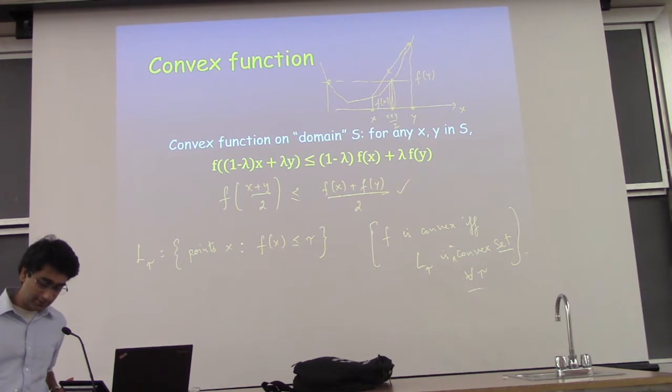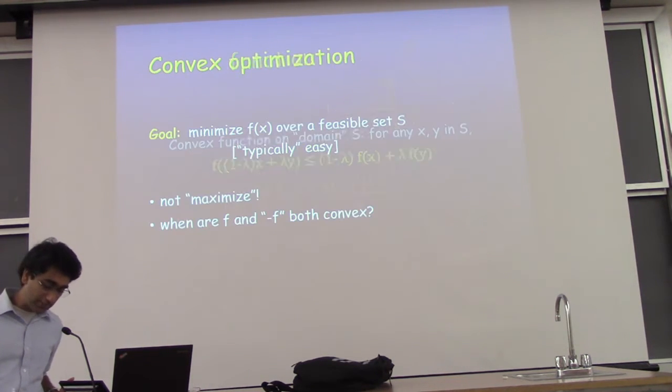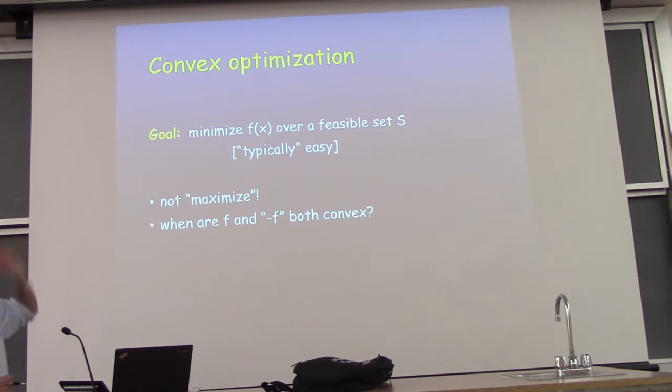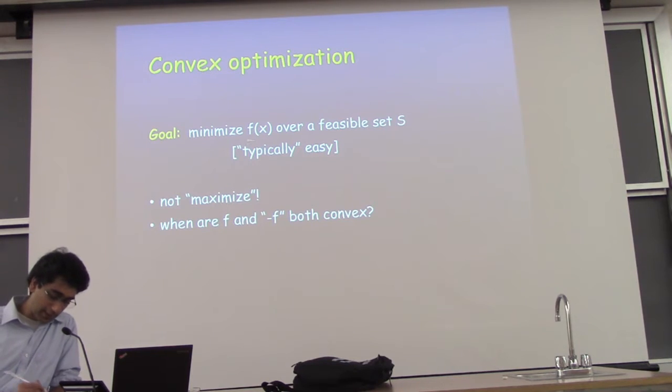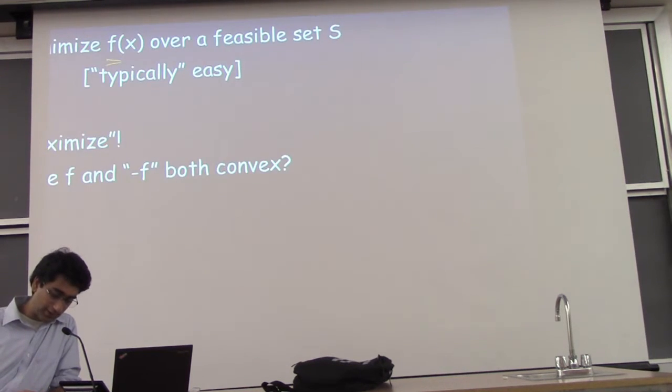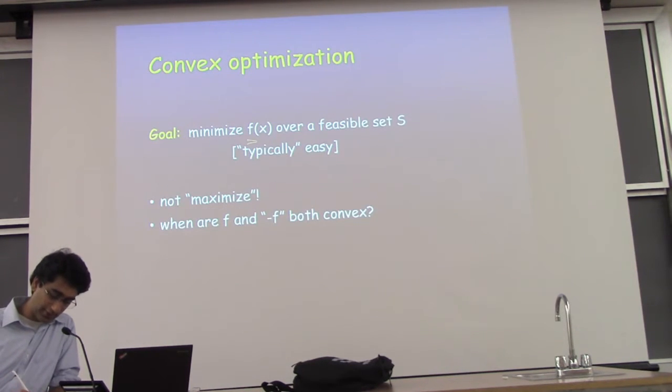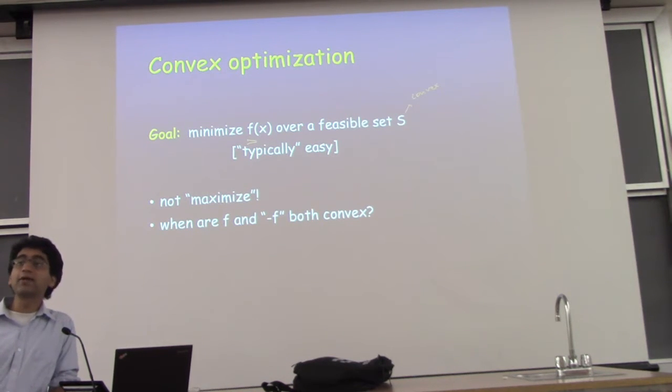All right. So what we said before is convex optimization, where you have a convex function f, and you want to minimize it over a feasible set S which is convex. We said that this kind of optimization problem is typically easy.